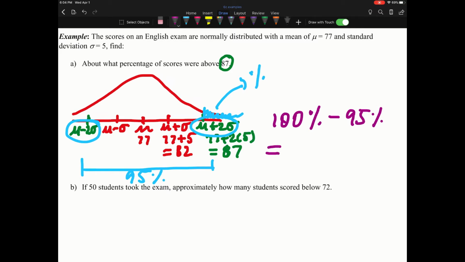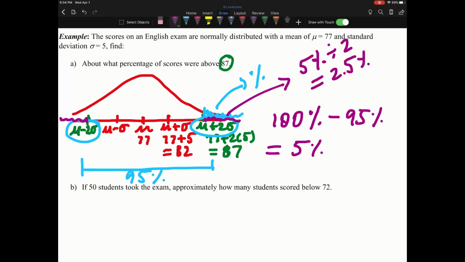So we have that 5% corresponds to all values on the left side, this piece, and on the right side, this piece, together. So to find out only what is on the right side, meaning above 87, I have half of 5%. So 5% divided by 2 equals 2.5%.